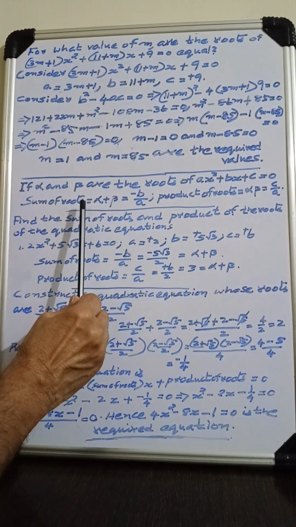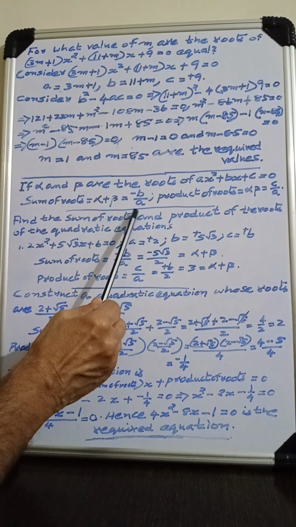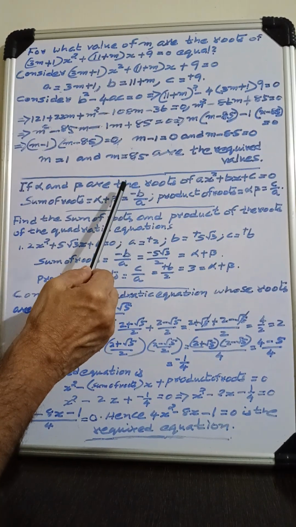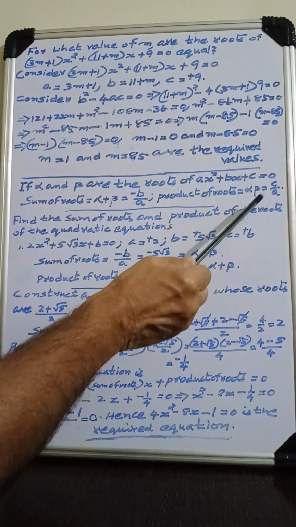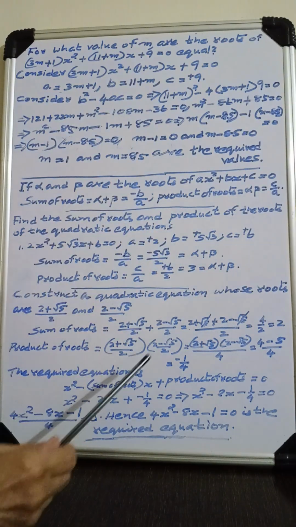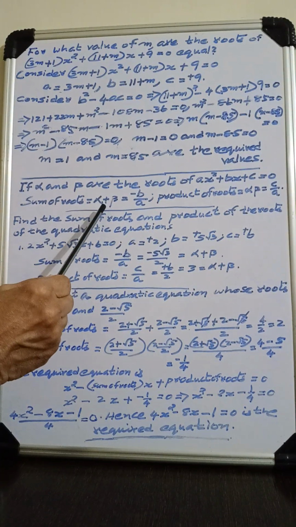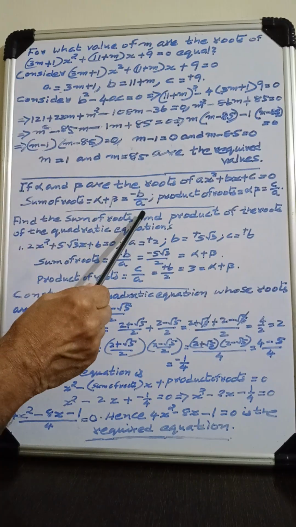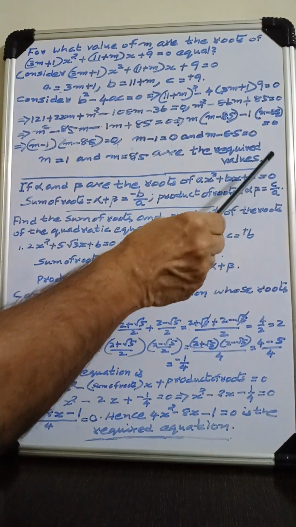Sum of roots equals alpha plus beta. Comparing the coefficients, it is minus b by a. And product of the roots equals alpha beta, that is c by a.